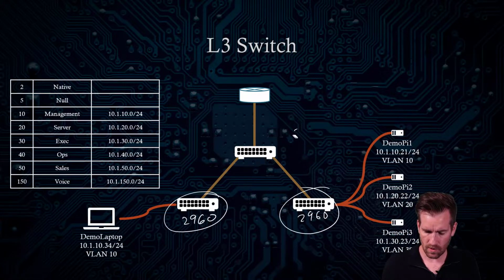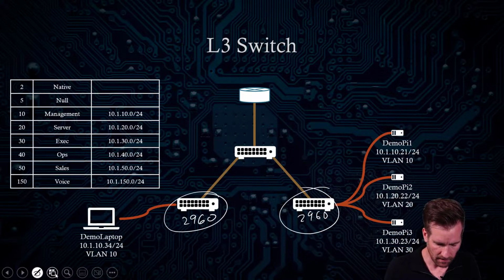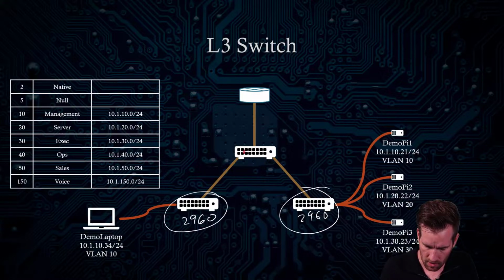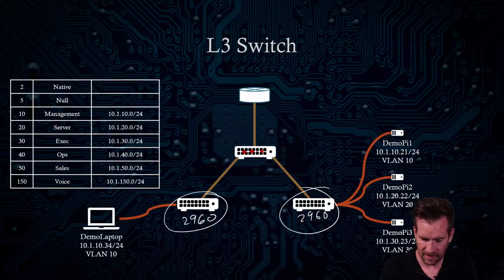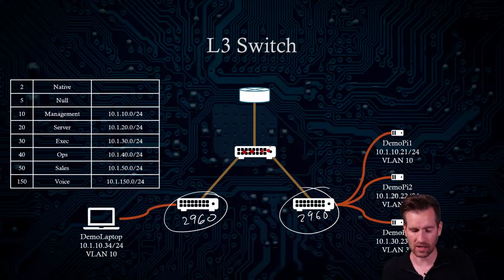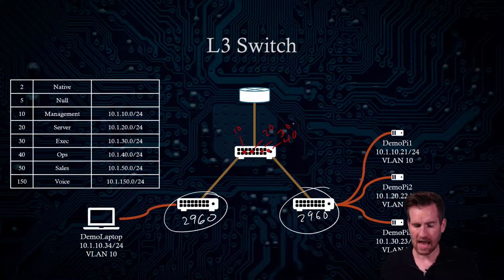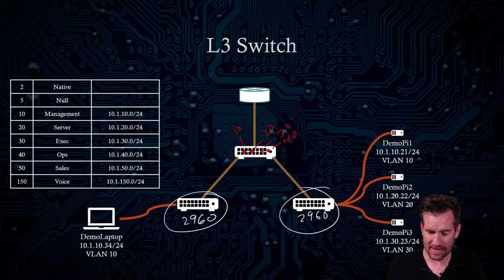With a layer 3 switch, you have switch virtual interfaces within your switch. So I'm going to use the red to symbolize that there are virtual interfaces inside of this switch. You have a virtual interface for VLAN 10, one for 20, one for 30, one for 40, one for each of your VLANs. And so what will happen then is that it will establish a routing table.